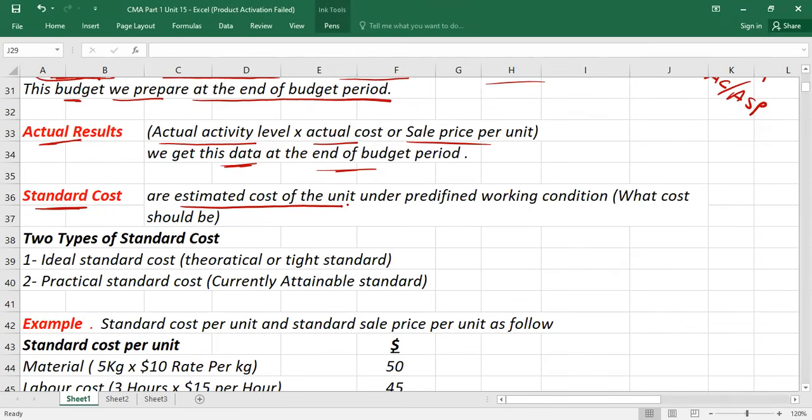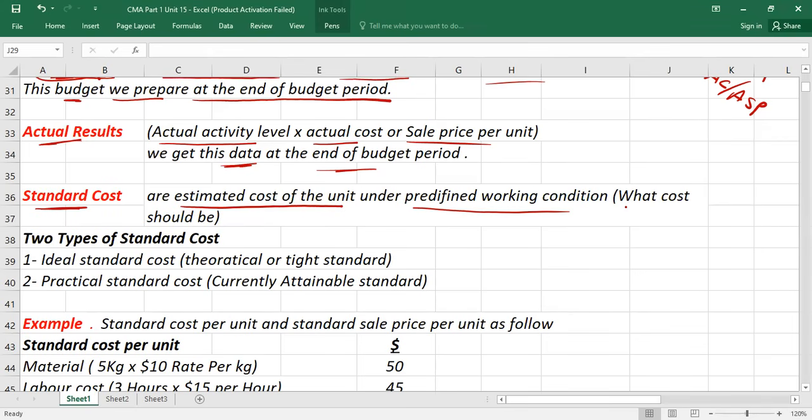For example, let's assume you are a production manager, and you have 10 years of experience in manufacturing chairs. If I ask you what the cost of a chair would be next year, obviously you can estimate very easily, because you have experience, right? So it is the estimated cost of the unit under predefined working conditions.